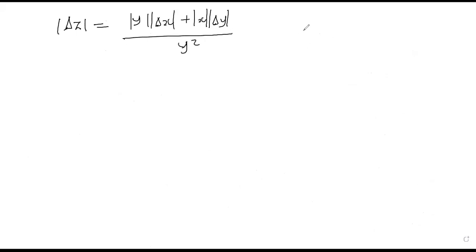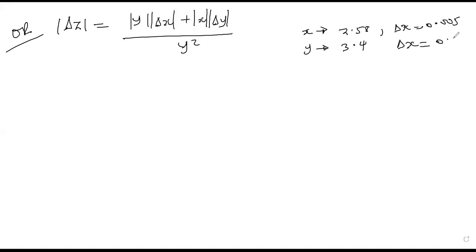So if I take my X as the way they were given, 2.58, and my Y as 3.4, one can use this alternative. Then here dX is 0.005, and here dY is 0.05.